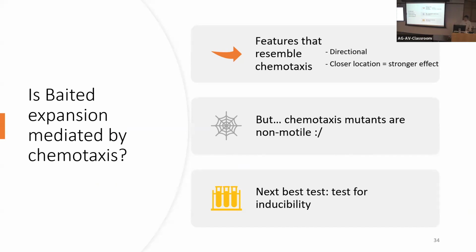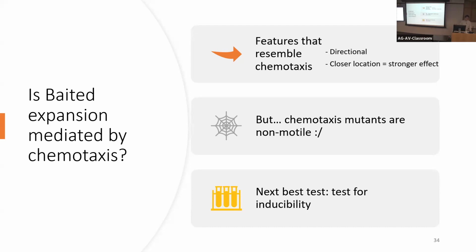So those are chemotaxis-like features of what we're seeing here. However, our collection of chemotaxis mutants are usually non-motile, which means you just don't get motility and you can't really use them to test whether they are behind this phenotype.